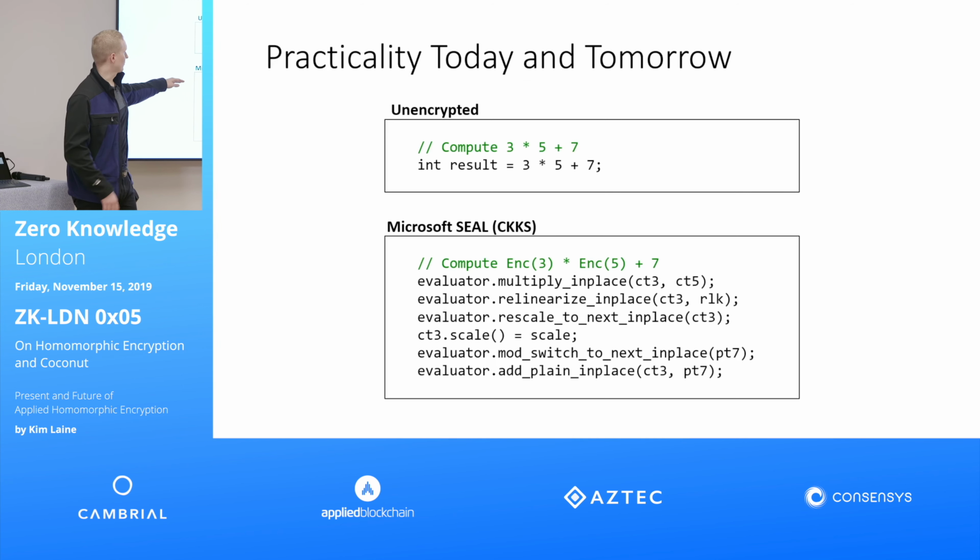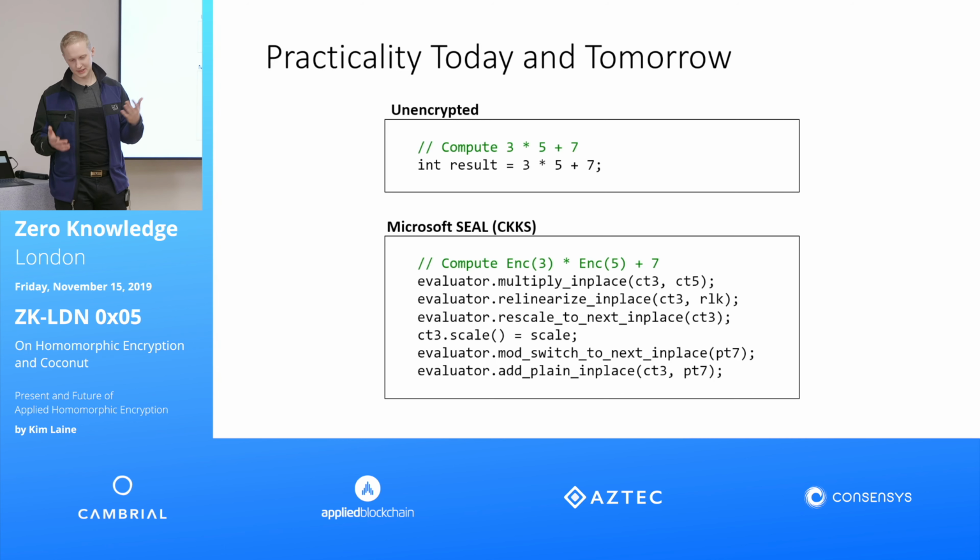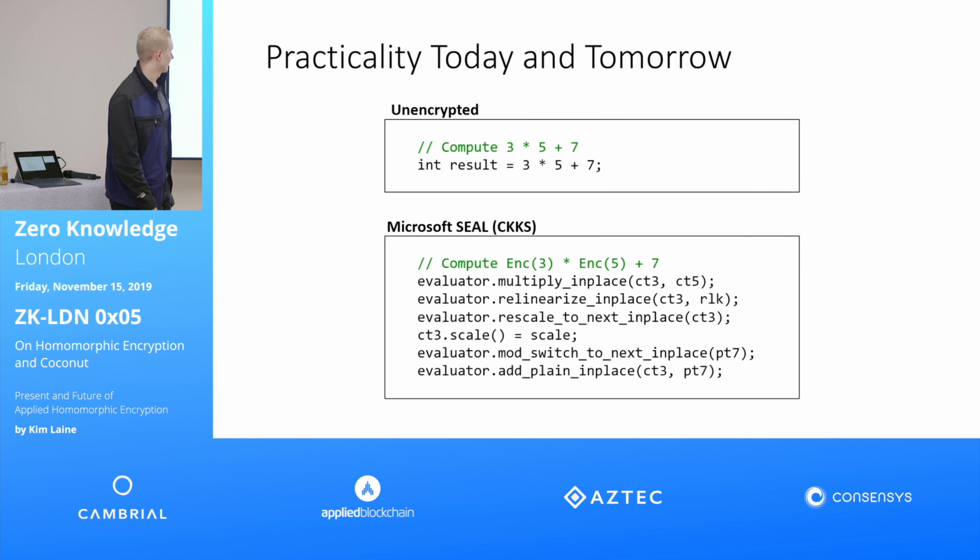What you need to do first, we call multiply in place, easy enough. But then you need to just know to do this relinearize. You need to just know to do this rescale. Actually, in some cases you might not want to do this, but usually maybe you would. Then you might want to do some scale renormalization thing, whatever that is.